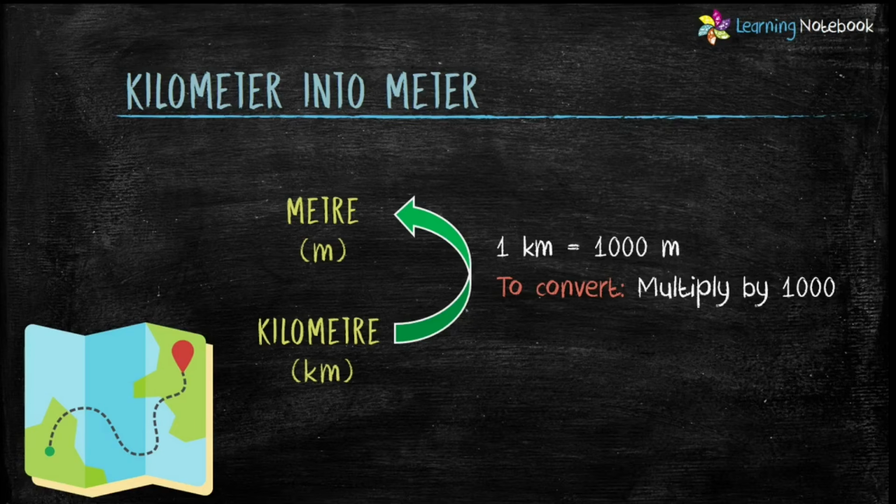Students, we have already done fractions. So can you tell me what will be half of a kilometer? Yes, it is 1000 divided by 2, which is equals to 500 meter. So half kilometer equals to 500 meter.